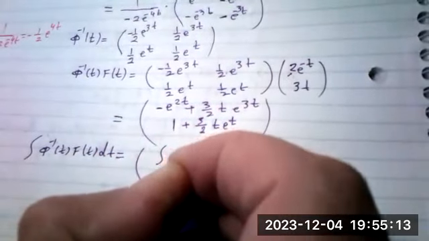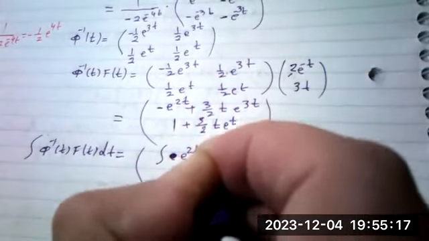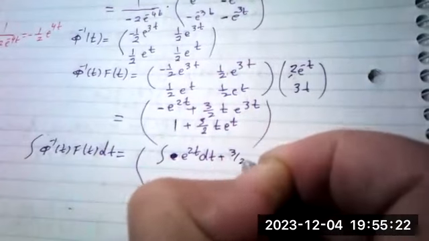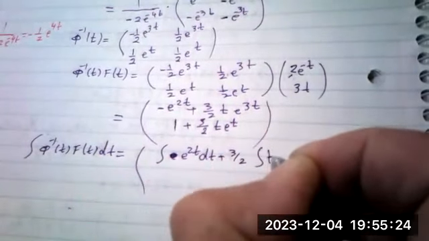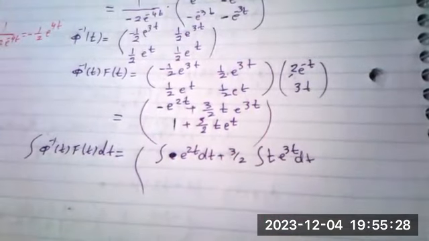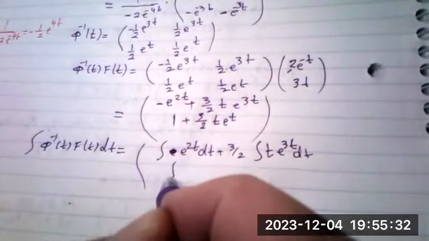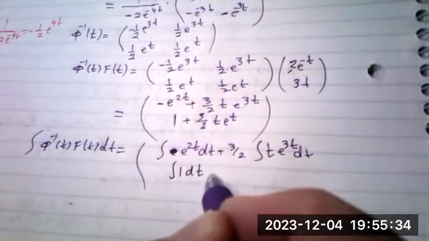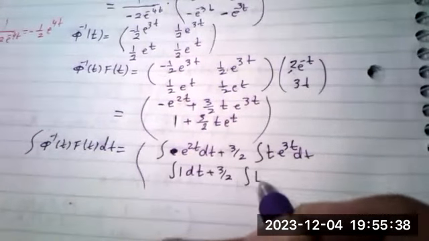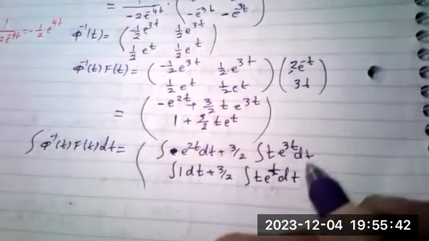It's the integral of negative e to the 2t dt. I do this one separately because I have to use integration by parts for the other part. So this is again the integral of 1 dt plus 3/2, the same thing, integral of t e to the t dt.